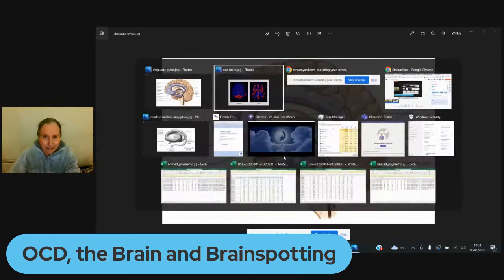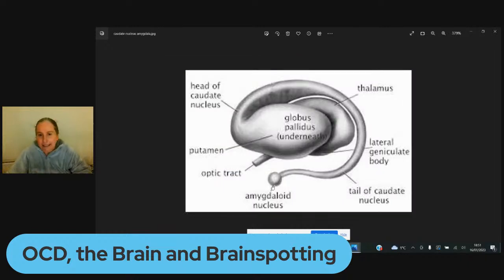That's the storehouse for emotions and trauma. Here they're showing a different shape of the amygdala, but that's what it is. And it's connected to the tail of the caudate nucleus, which surrounds all of this over here. So those are the 4 parts of the brain that are activated in OCD.